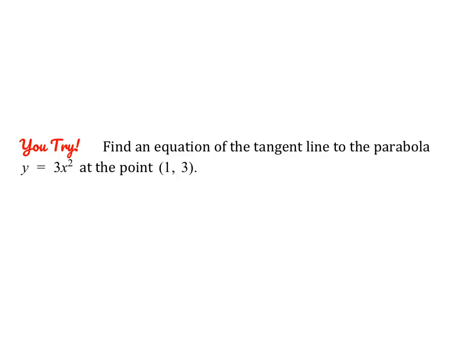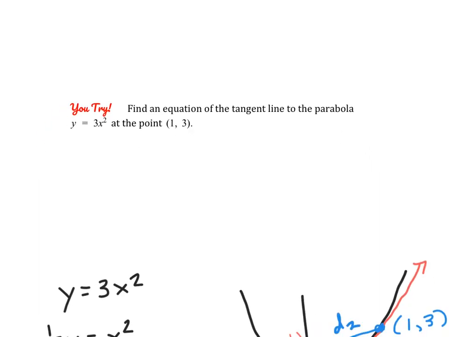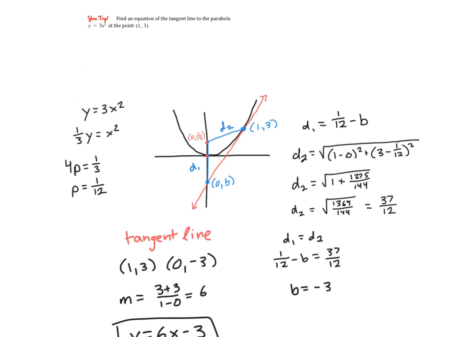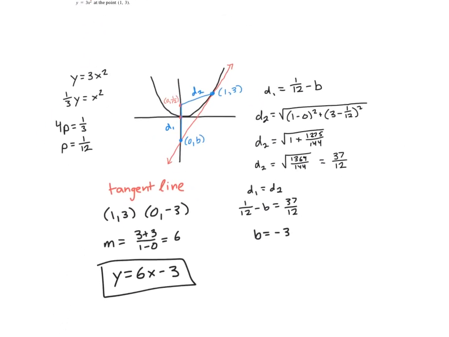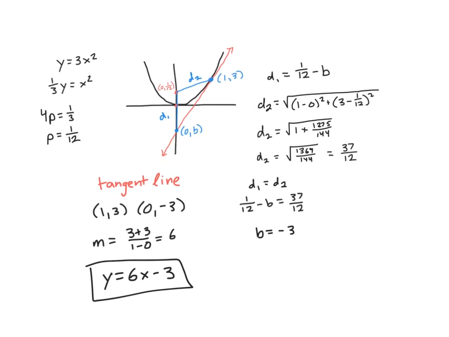Okay, go ahead and pause the video and give this last problem a try. Okay, so we follow through the same process. This time our focus is at (0, 1/12) because our p-value is 1/12.